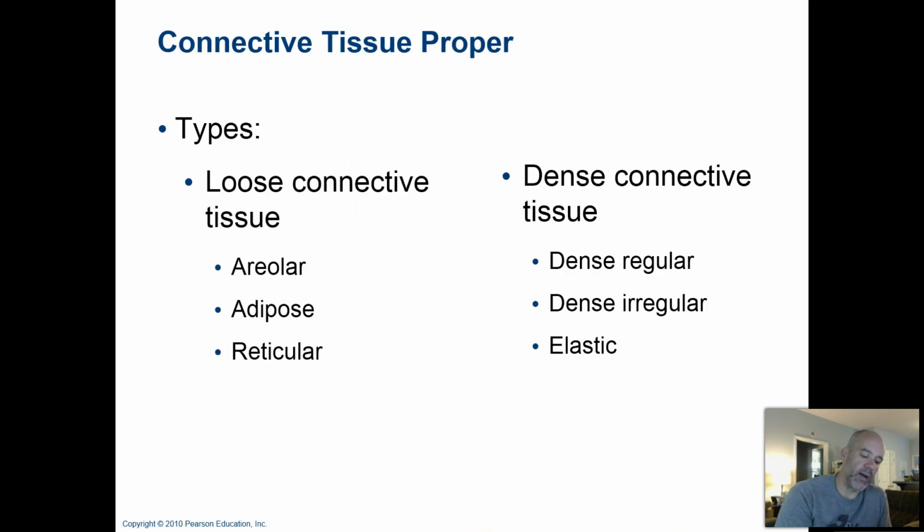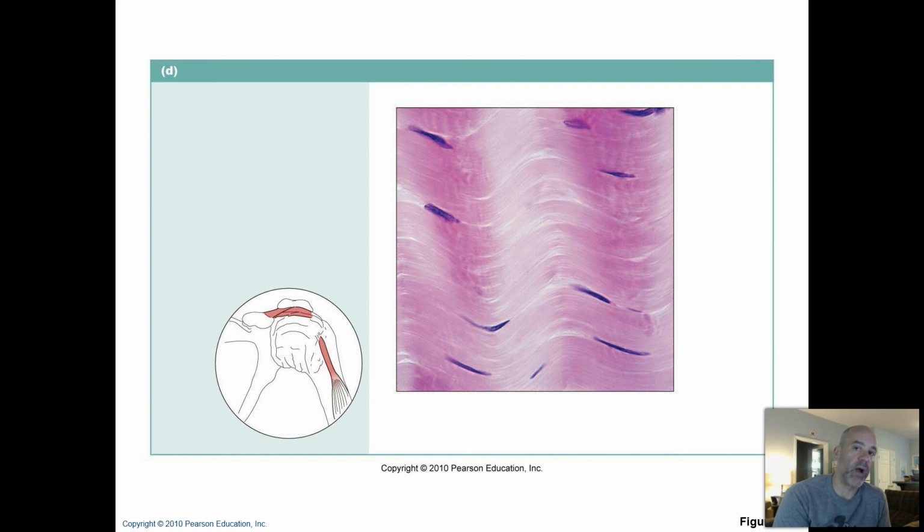If you have a loose connective tissue, you still have them, you just don't have nearly as many, so you'll have more of the ground substance in the extracellular matrix when compared to the protein fibers.